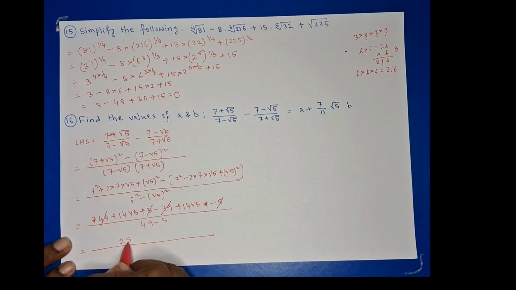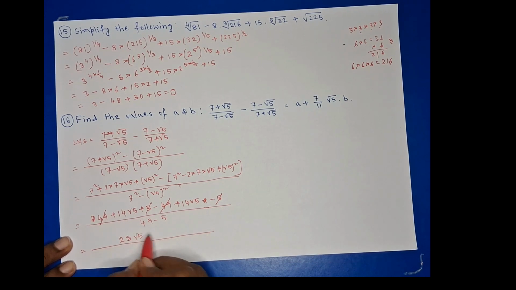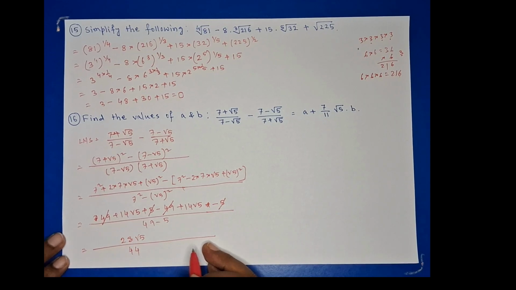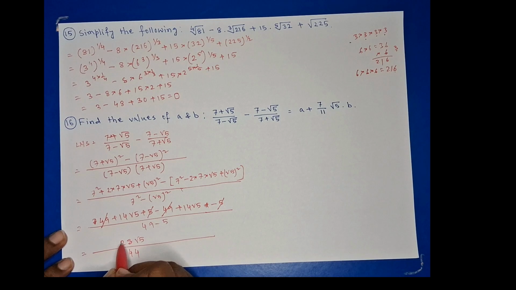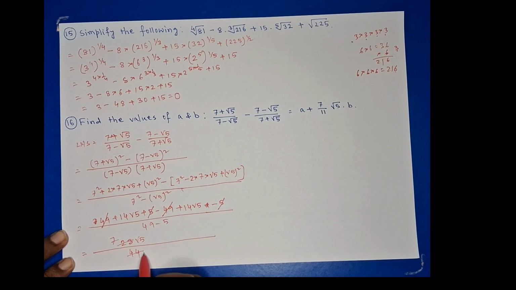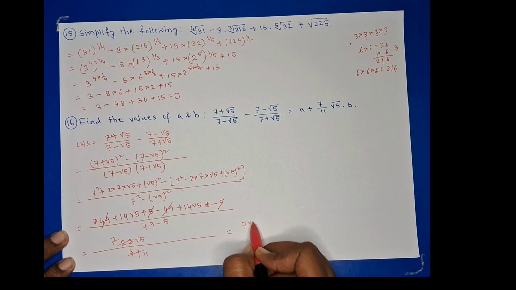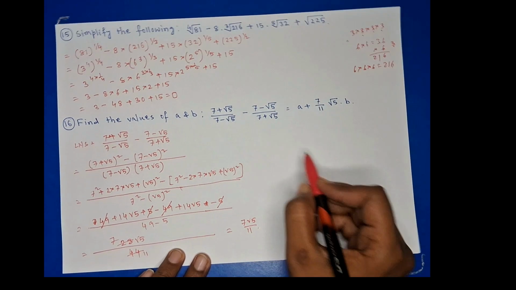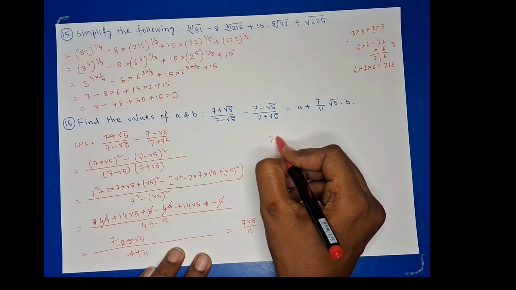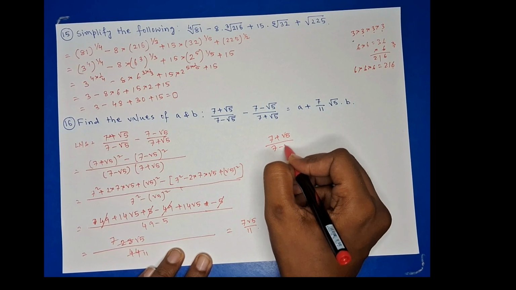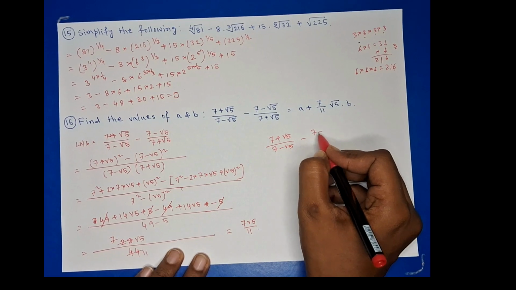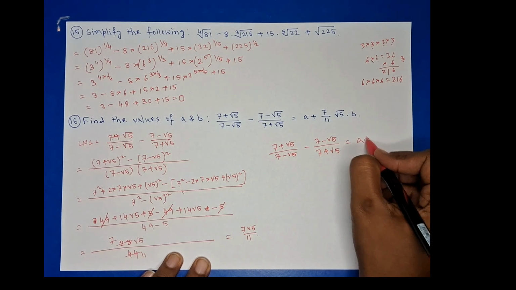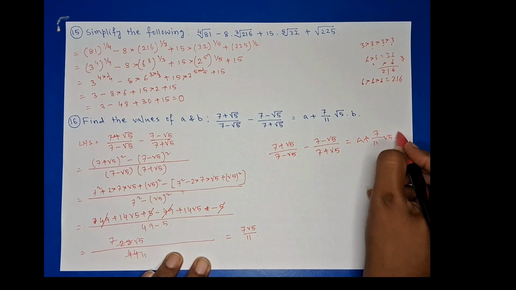So this is 28, 14, 14, 28 root 5 by 44. This is 7 root 5 by 11. So what we can write? This 7 plus root 5 by 7 minus root 5 minus 7 minus root 5 by 7 plus root 5 is equal to a plus 7 by 11 root 5 into b.